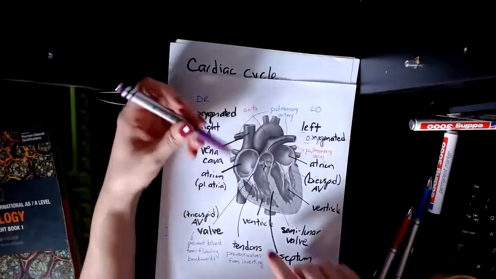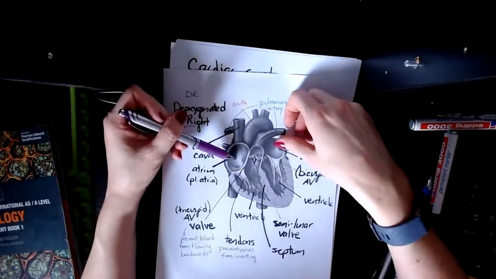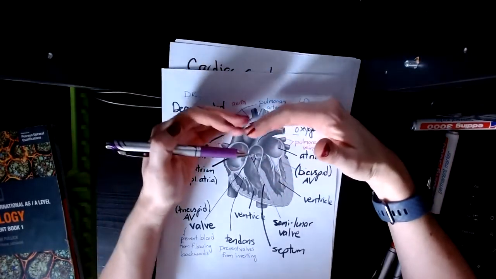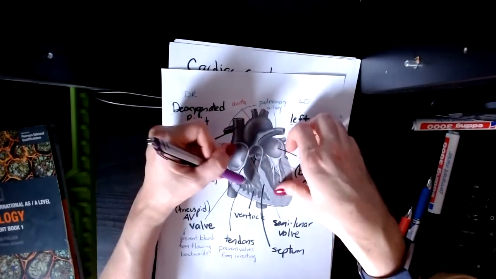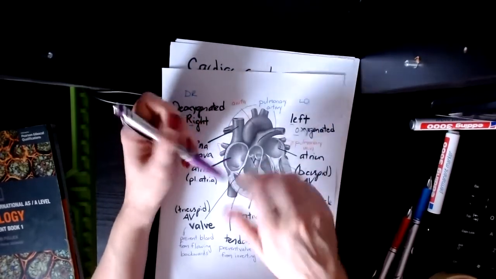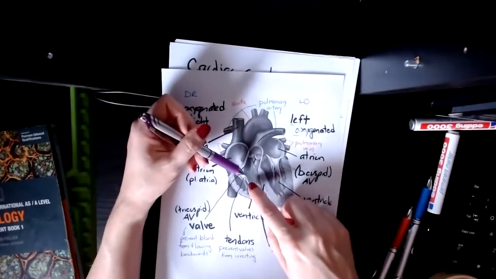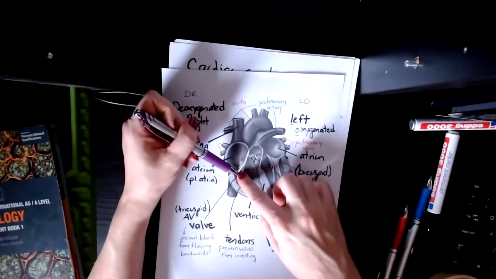So when the pressure is higher in the atria, in atrial systole, these are contracting and the pressure is greater, so these open and the blood flows into the ventricles. But when the ventricles start to contract, suddenly the pressure here is higher than the pressure here, and so these are going to slam shut.